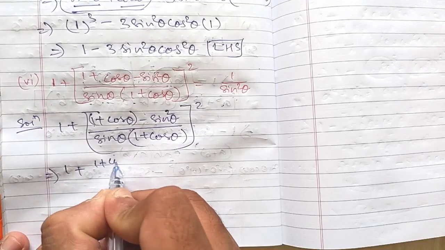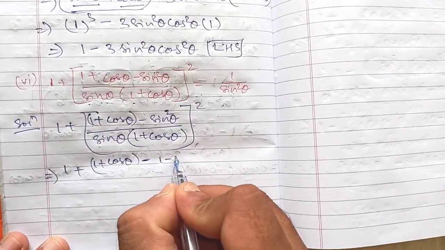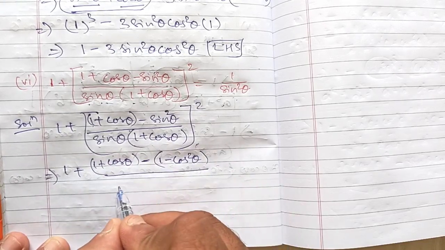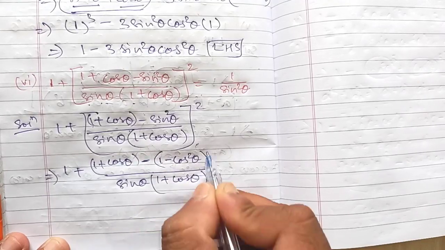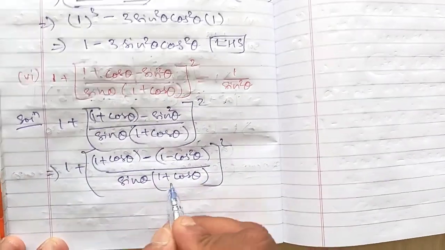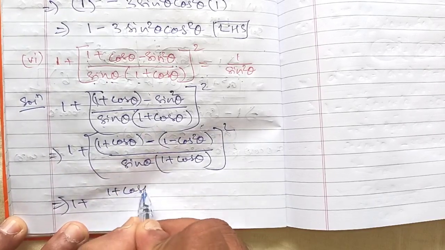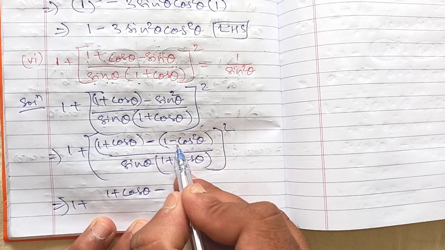Now 1 plus cos theta I will write as it is, minus sin square theta I will write 1 minus cos square theta inside the bracket, divided by sin theta 1 plus cos theta. Okay. Total square. Okay. Next 1 plus cos theta minus, this looks like a square minus b square.